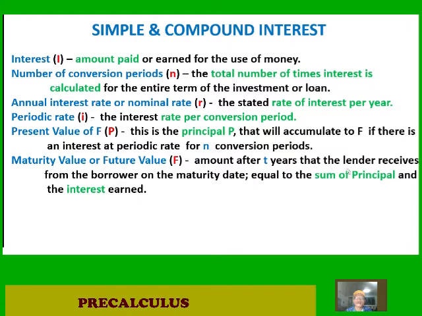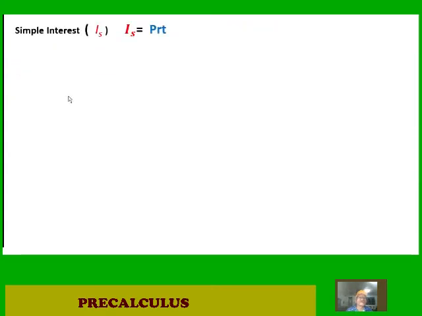It is the amount after the term that the lender receives from the borrower on the maturity date, equal to the sum of principal and interest earned. So the maturity value or future value F is equal to the sum of principal and interest. Okay, we have here the formulas.